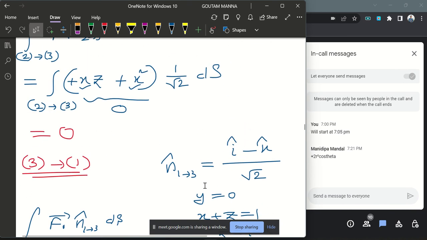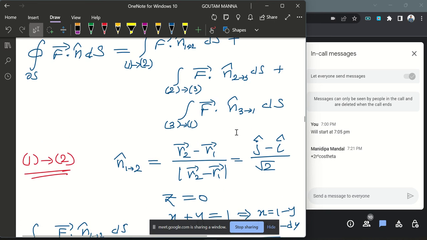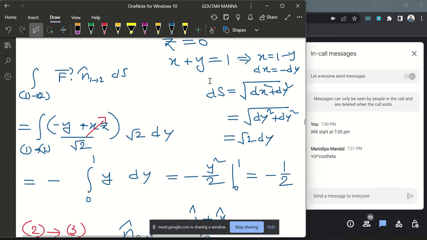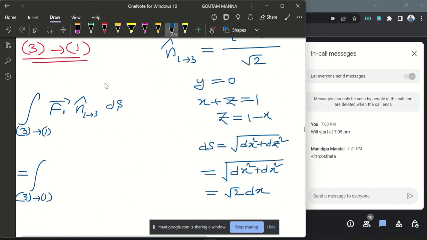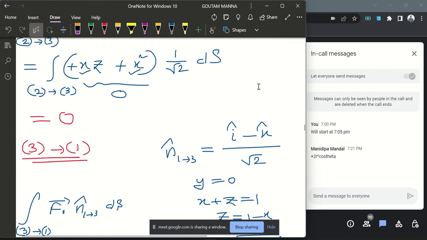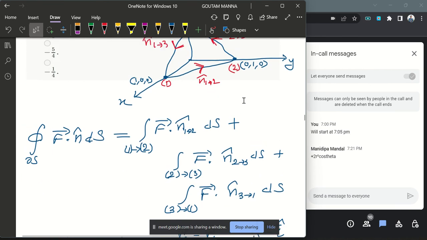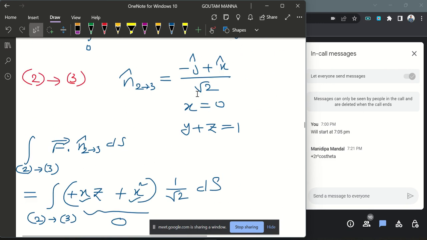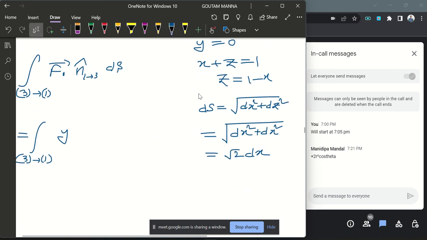So f dot n hat, the i component of f is y, so it is y, and the k component is minus 1 for n hat, and here it is x square, so it is minus x square. So there is a 1 by root 2 here in the n hat, and in the ds there is a root 2 dx.